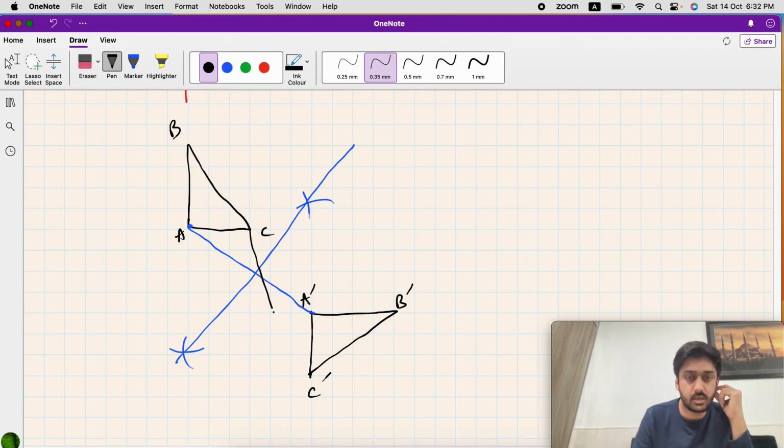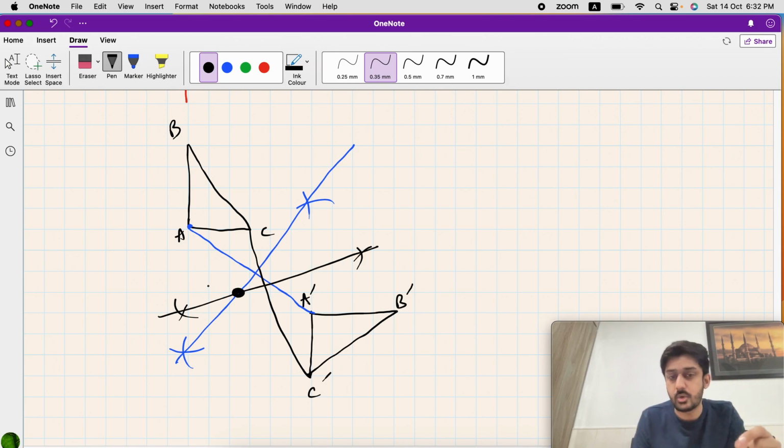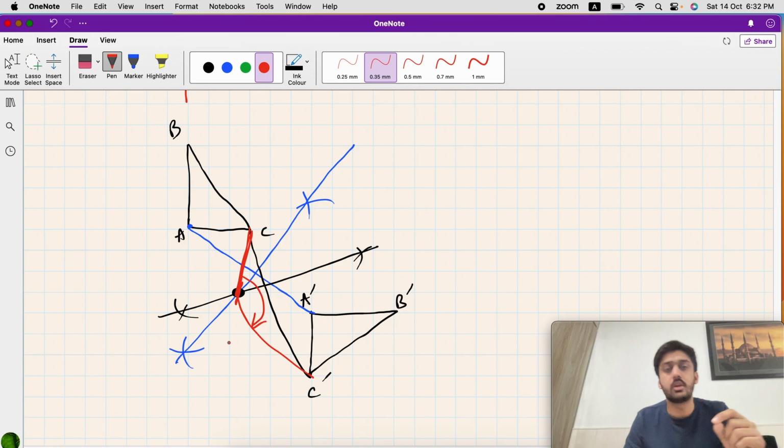Let's say I select C and C dash and repeat the same process. Draw the perpendicular bisector. Where the two perpendicular bisectors meet, that will be the center of rotation. And point C rotates from this point and comes over this point, and this is your angle of rotation.